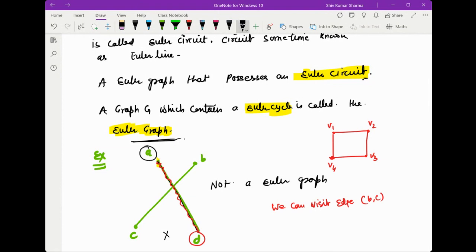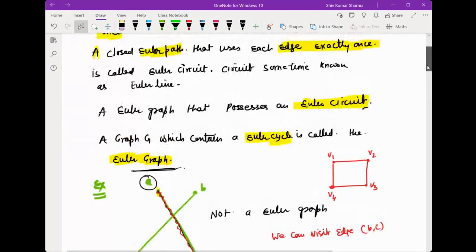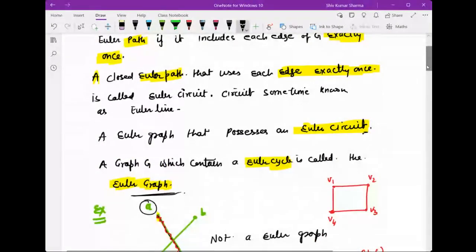Achal, Ajay. Yes, Ajay, this graph is an Euler graph. That means you have not focused on the definitions. The definition says that it contains an Euler circuit.